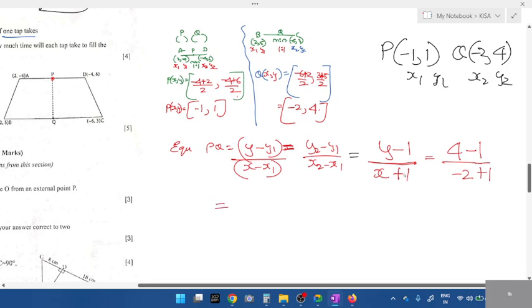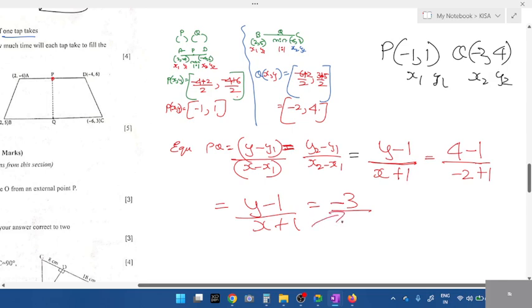So that is equal to, what's the value, students? y minus 1 over x plus 1 equals 4 minus 1, how much? 3 divided by minus 1. Can I write it as minus 3? 3 divided by minus 1 is minus 3.